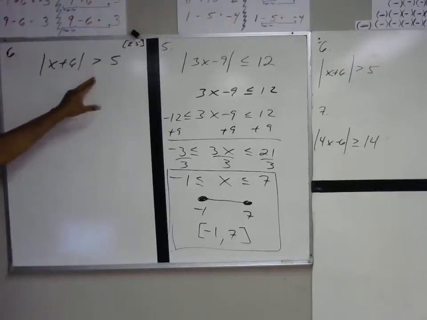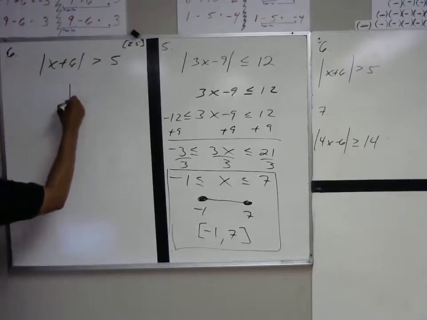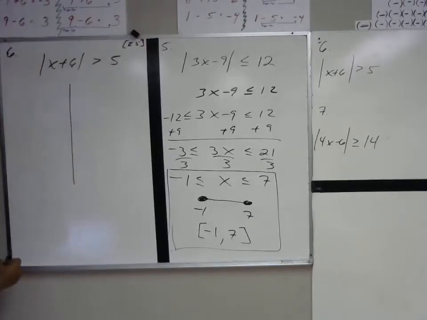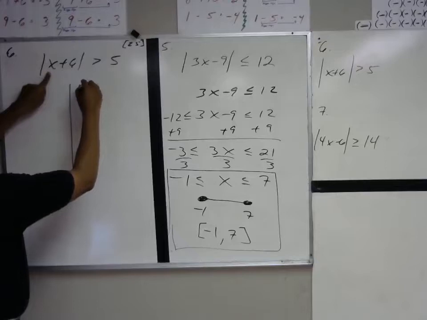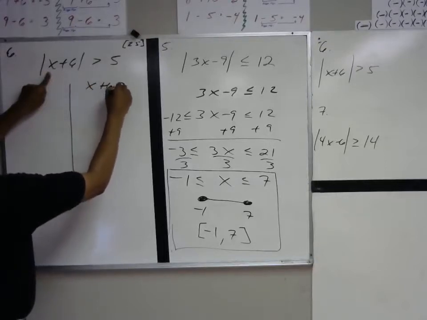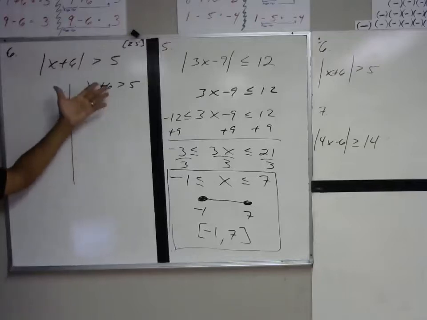With the greater than signs, we have to split this into two pieces, a left side and a right side. On the right side, I'm simply going to remove the absolute values. So this will be x plus 6 greater than 5. Right side, just removing the absolute values, and that's it.